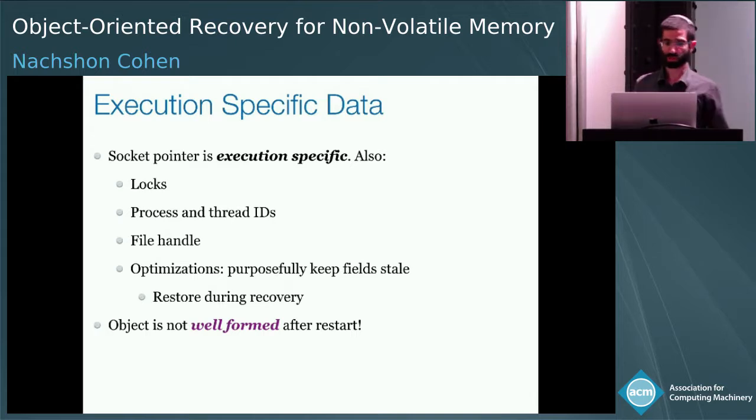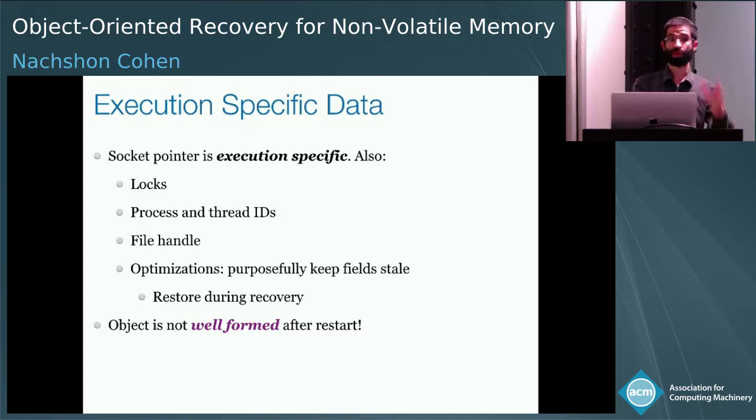Now, this does not only affect a socket pointer. The same happens with locks. Locks are something, again, that relates to the specific execution. If a thread takes a lock, we really don't want this lock to remain locked after the application shuts down. The same goes for process facilities and file handlers.